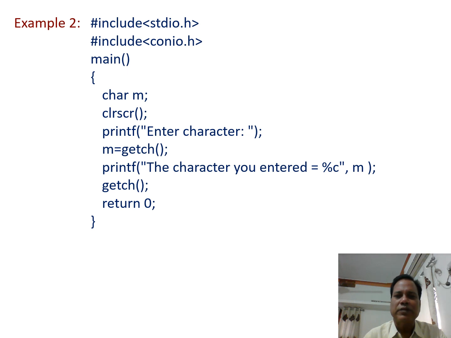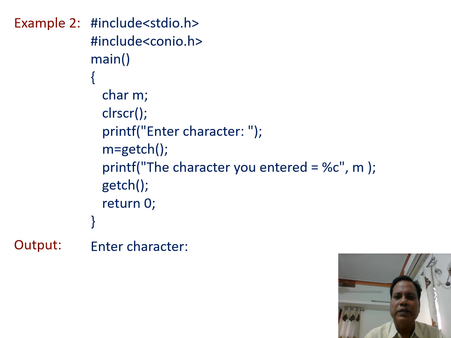So when this program is executed, the message enter character is displayed on the output screen, and when we press any character, the character that is entered is not echoed on the output screen.